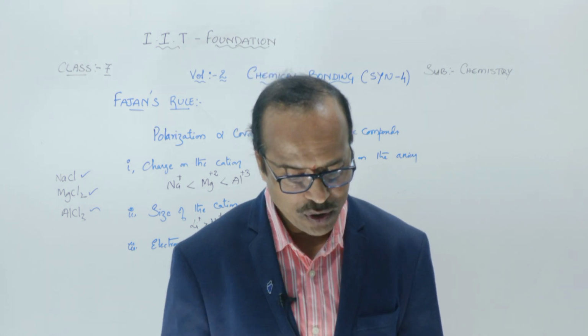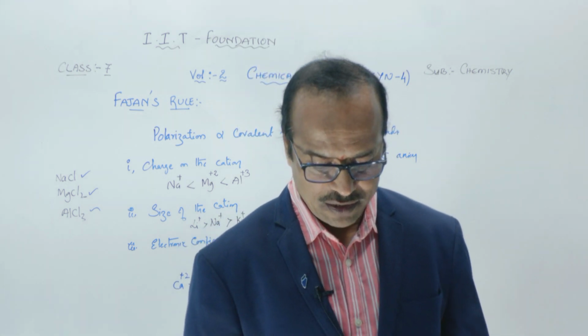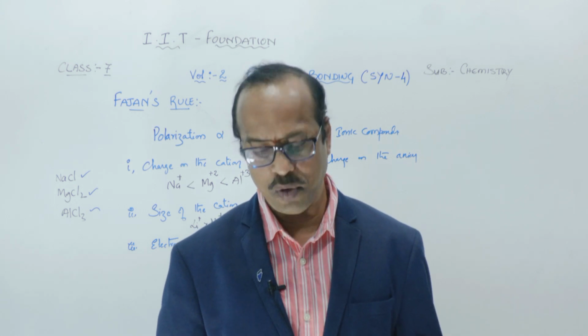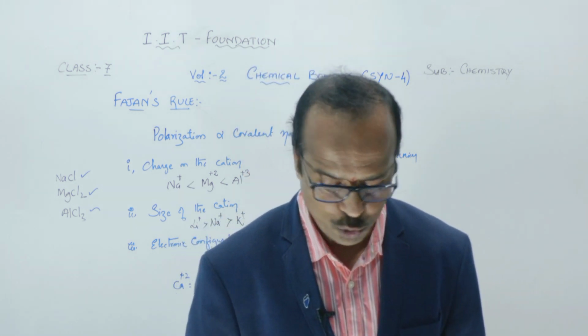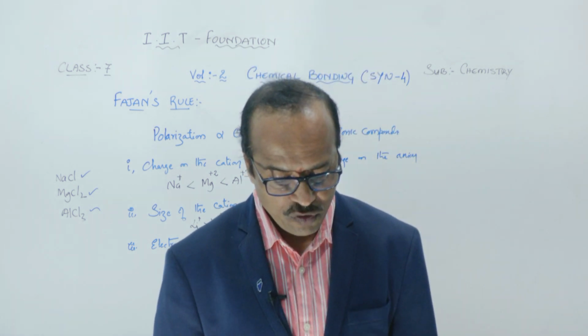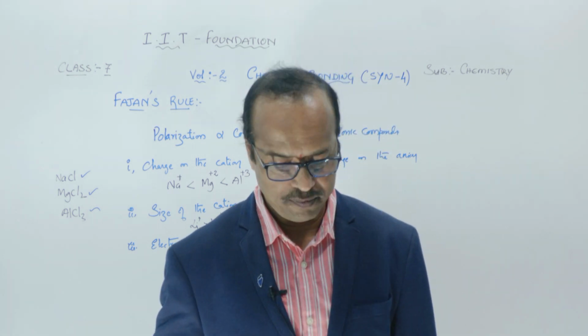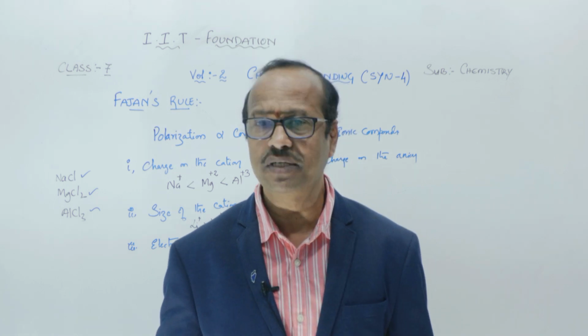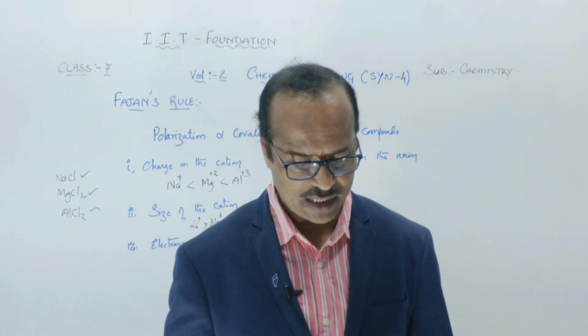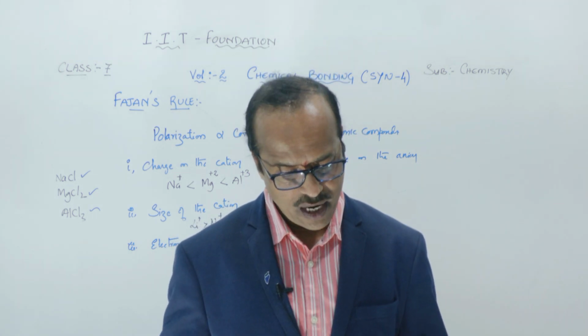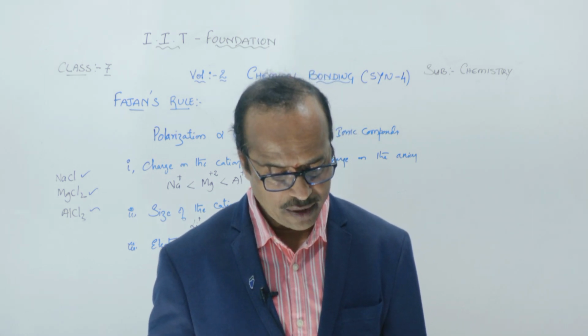That's very easy. If the difference between the ionization potential is small, that is covalent bond. So the option is 2. Higher value of electron affinity leads to the formation of covalent bond. Okay, the option is 2. This we already discussed in the previous class. Lower value, ionic bond. So the option is 1.